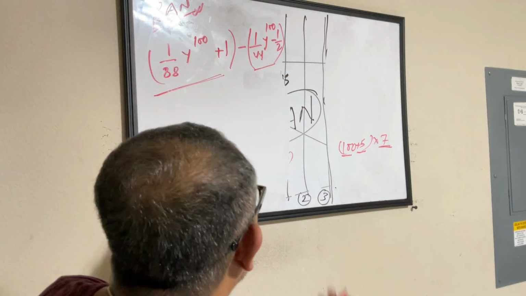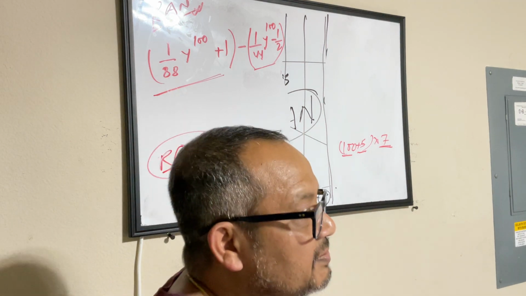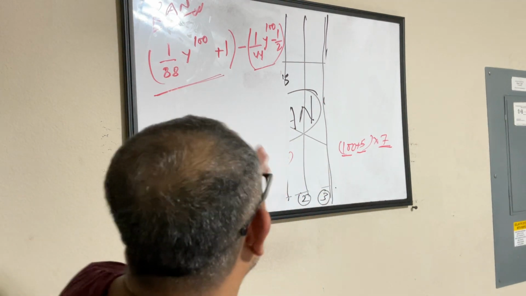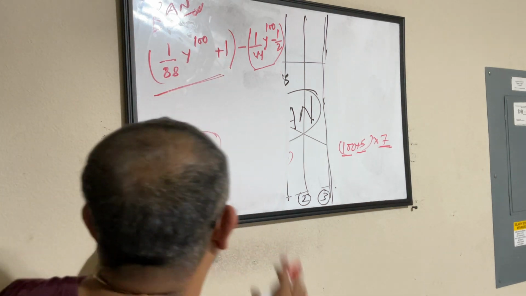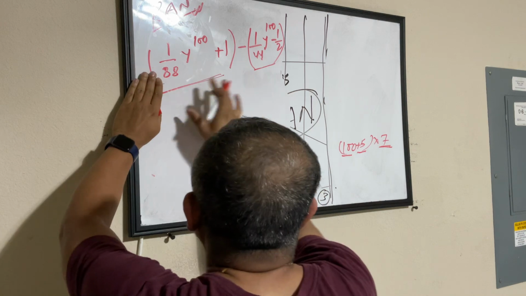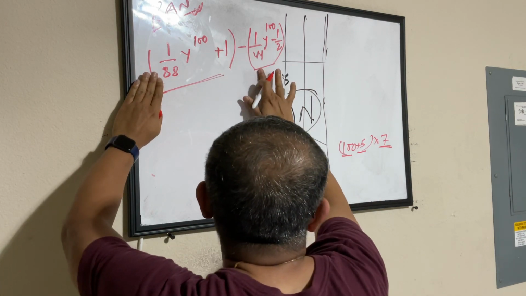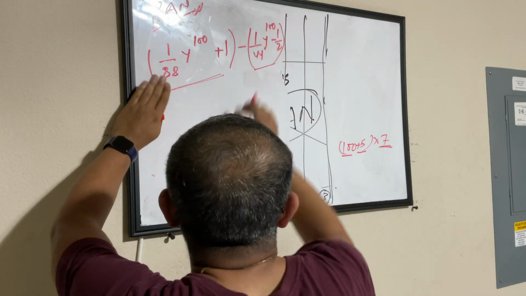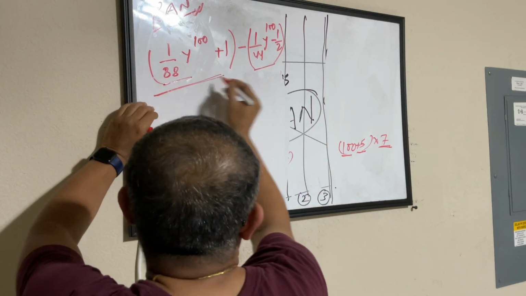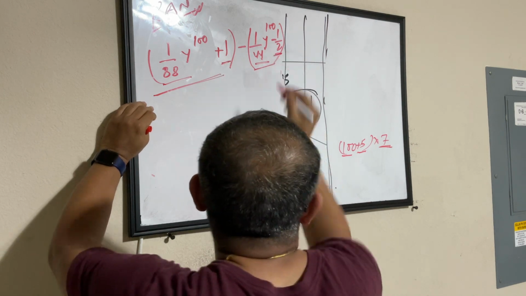So again, this might look like a very tiny problem, and the way Shiv explained that, it makes it look even easier. But if I'm trying to solve this my way, always, I'll read this question a couple of times. See, okay, what I have is 1 by 88 y to the power 100 minus 1 by 44 y to the power 100. So basically this term and this term are similar.